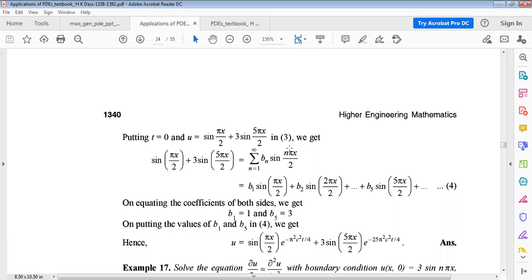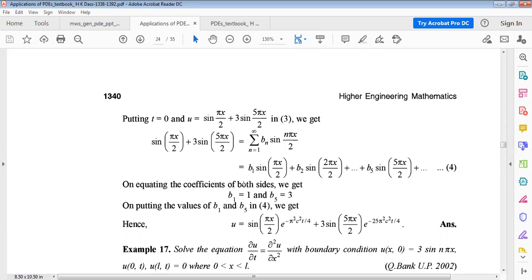Now this can be written as an infinite series: b1, b2, b3, b5 and so on. On equating the coefficients of both sides, we get b1 equals 1 and b5 equals 3. Understand?